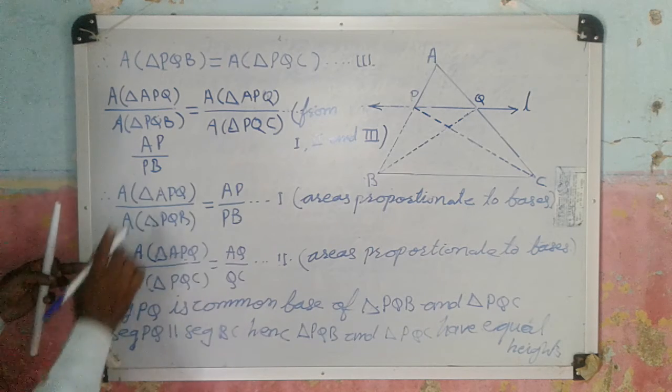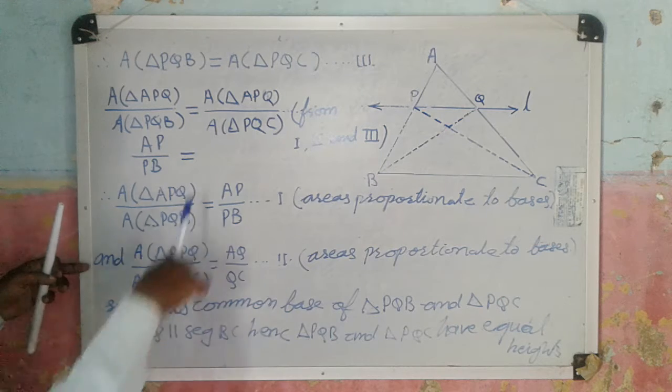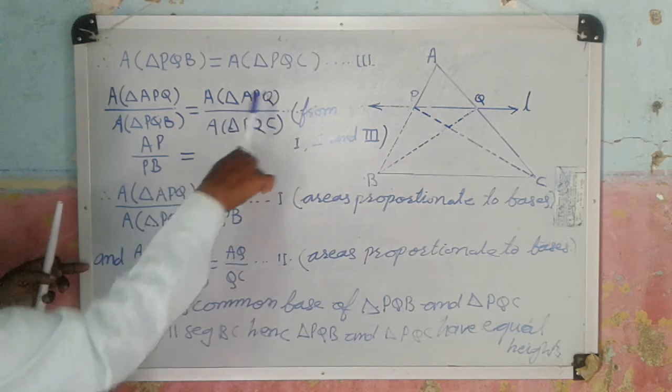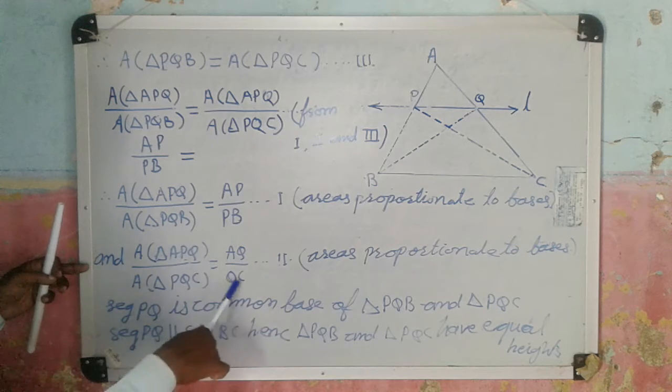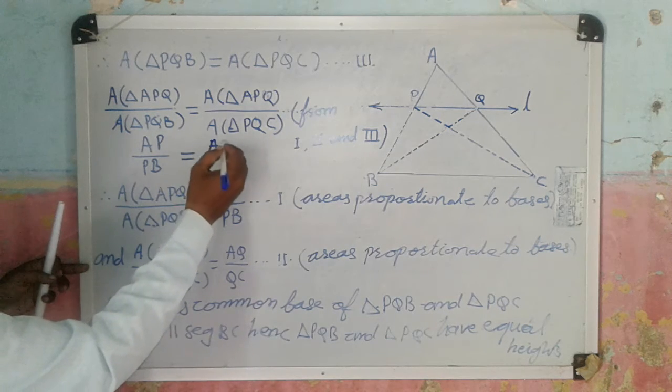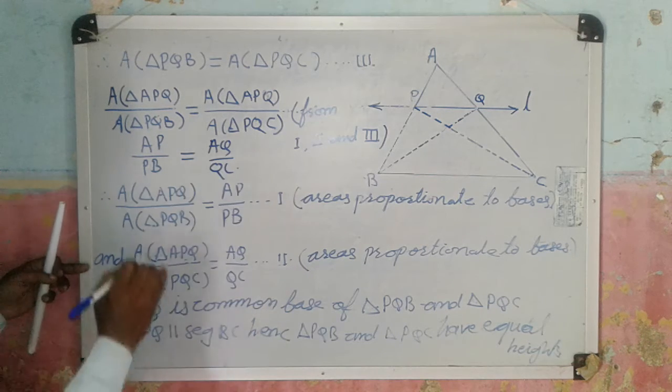And from statement 2, this ratio, area of triangle APQ upon area of triangle PQC, is equal to AQ upon QC.